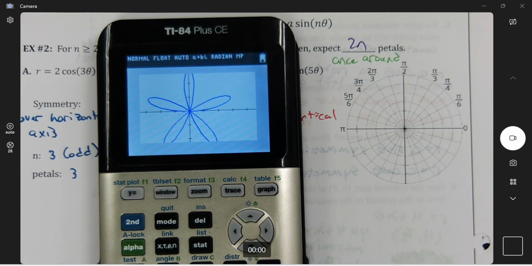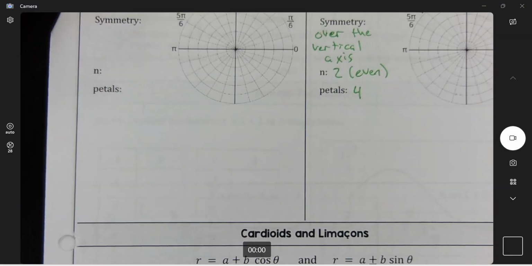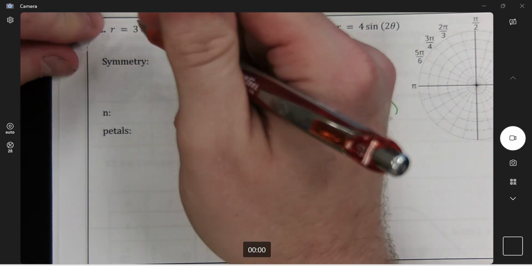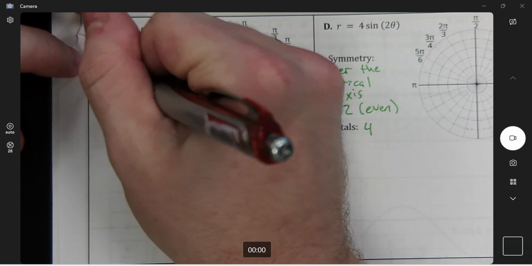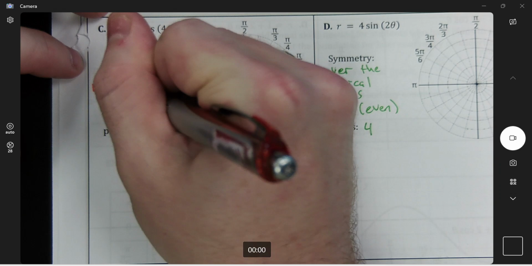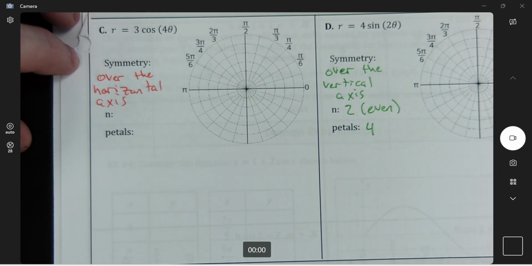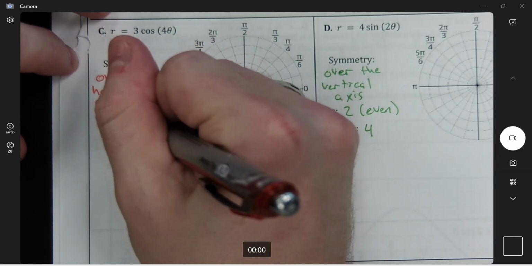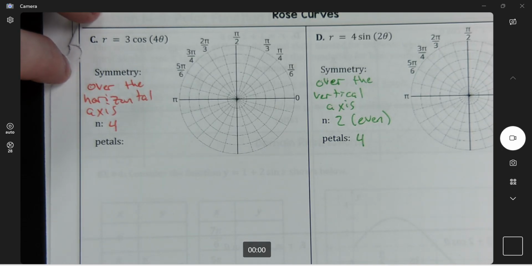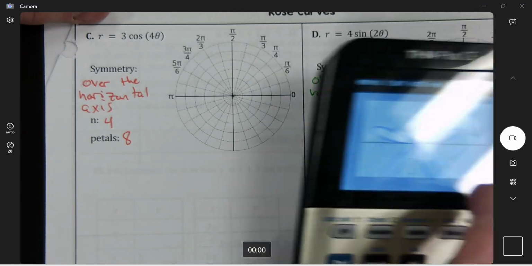Kind of cool, huh? Then this one. Because it says cosine, we would expect this to be symmetric over the horizontal axis. Here, n is 4, which is an even number. So how many petals would we expect it to have? 8 of them. Sheesh.